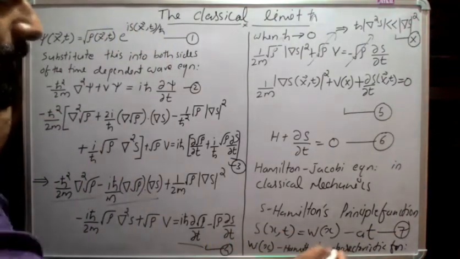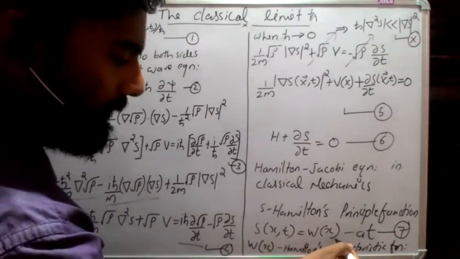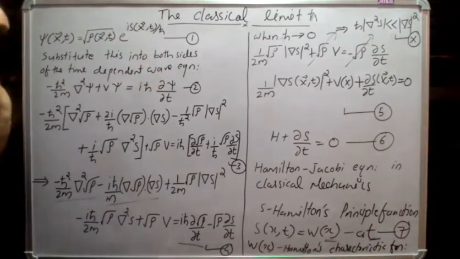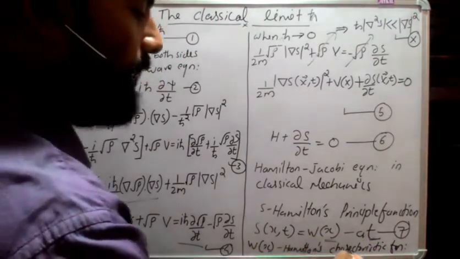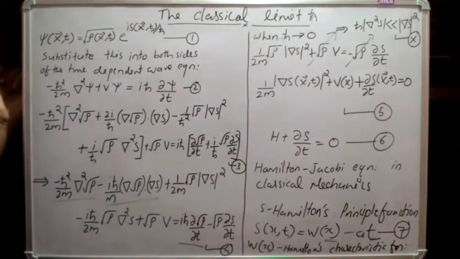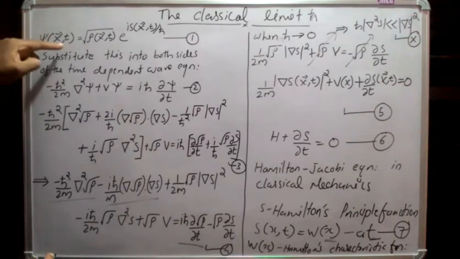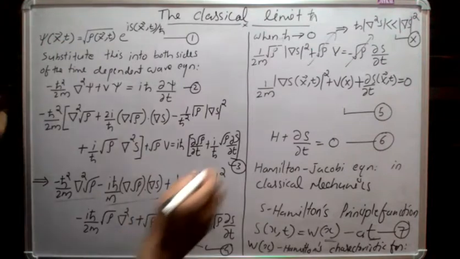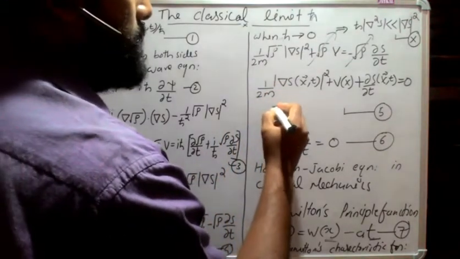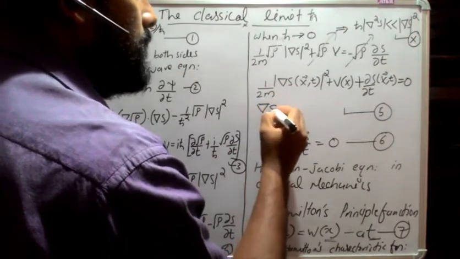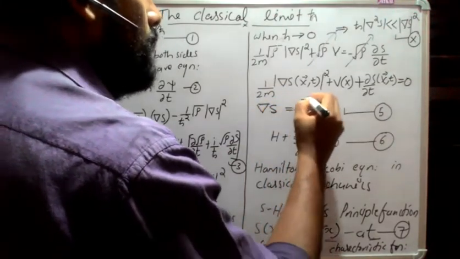This function is separable, so it can be written as a function of x minus a function of t, where W of x is known as Hamilton's characteristic function. In the last class, when we compared with the general form of the wave function as well as the equation of the plane wave, we got what S is, and we got del S equal to momentum p.